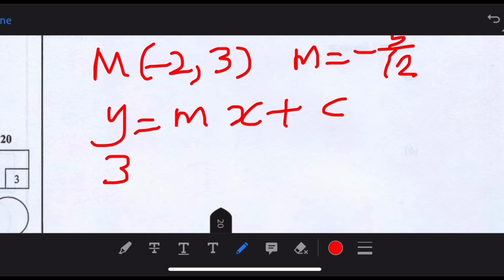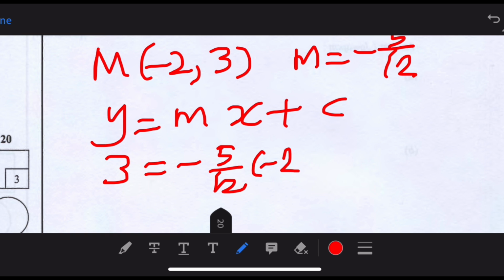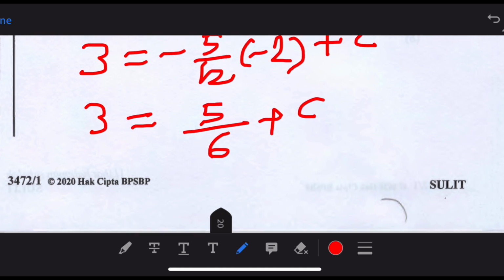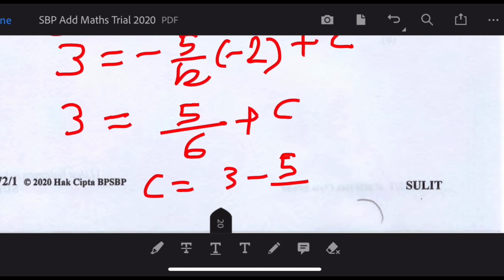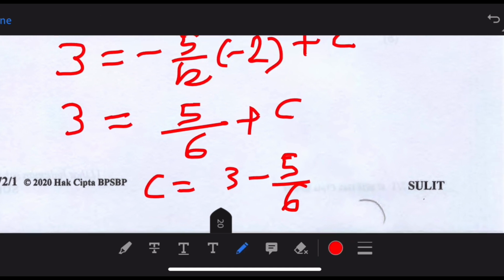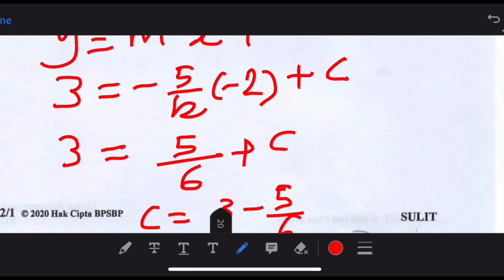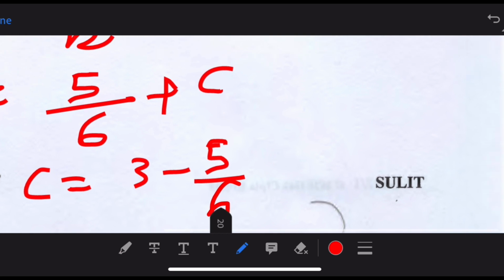Remember that? Your y is 3, your m is negative 5/12, and your x is negative 2, and you have to solve for c. After you solve c, be careful. The c is 3 minus 5/6, alright? Don't cross multiply, this is minus.